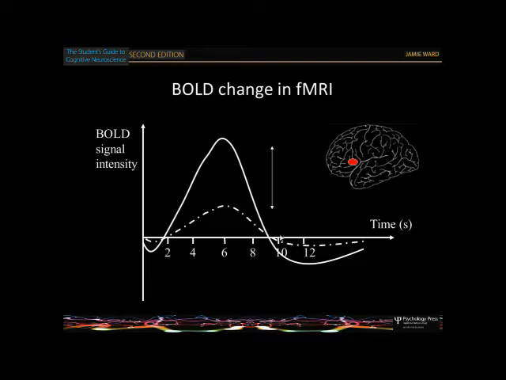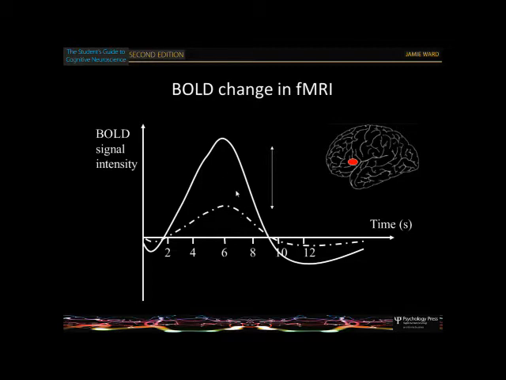So imagine that you show the participants another kind of visual stimulus, maybe a house. And this is how your bold response changes over time when you show it a house. Okay? And then what you do is look at the differences here.